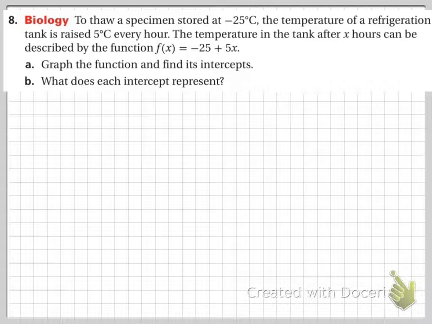The temperature in the tank after x hours can be described by the function, there it is. Honestly, I don't really care about all the rest of the information. It's already written the function for me. The only reason I'm going to need the rest of the information is to answer B, but we'll worry about that in a minute.